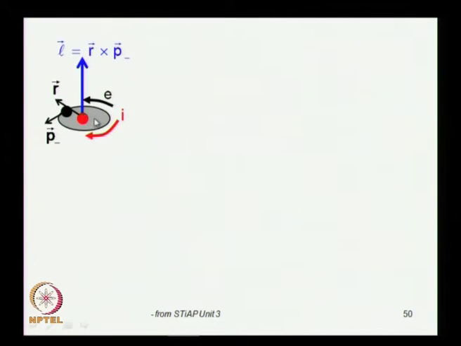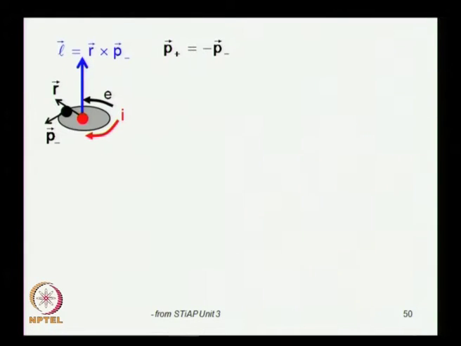Now you have a charge in motion, a current in motion, and from classical electrodynamics you know that a current carrying loop generates a corresponding magnetic field as if it were a dipole.